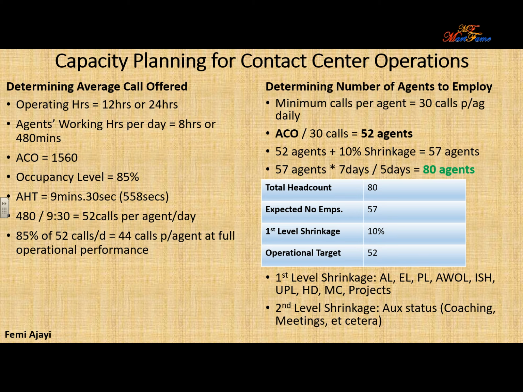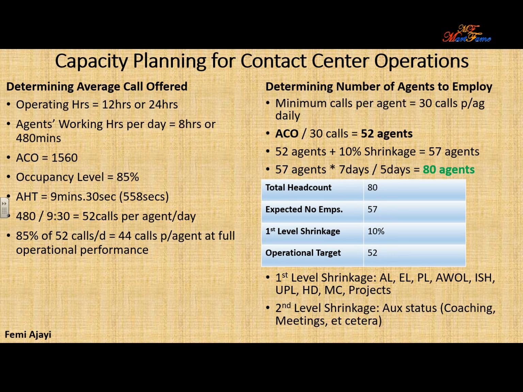But because we are running a 24 hour operation, or something more than 9 hours a day, running 5 days or 6 days a week, then we want to know the total head count we need to employ in order to slot in people to work all through the 6 days or 7 days a week.